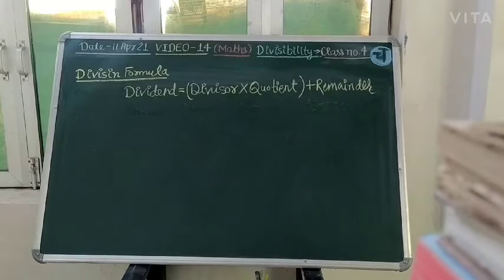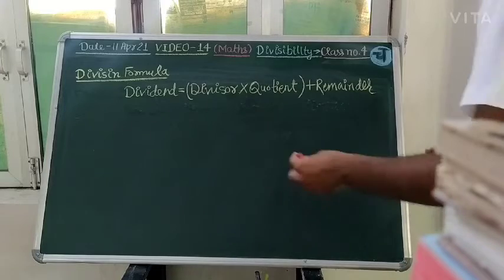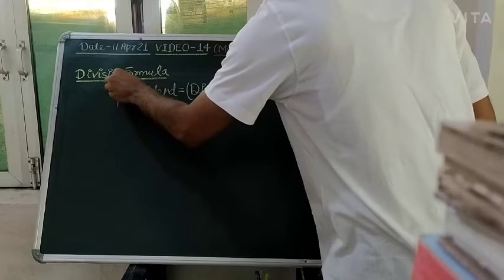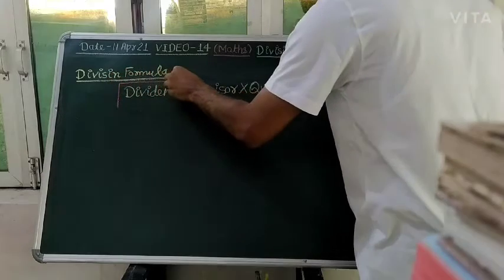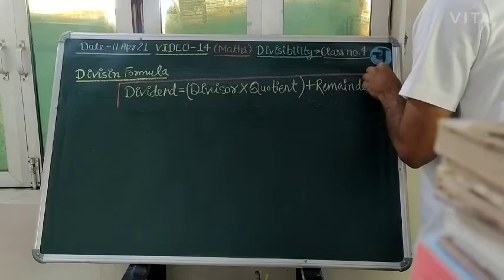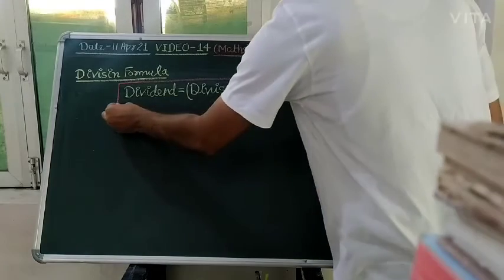Divisor into quotient plus remainder. You can put it in a box.